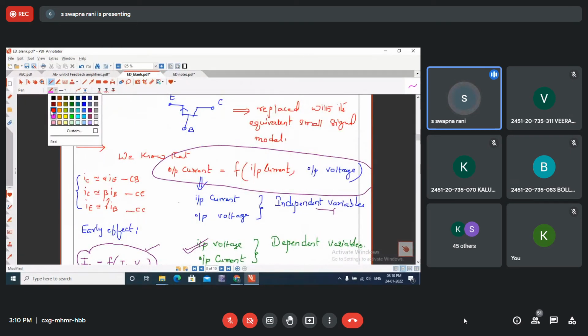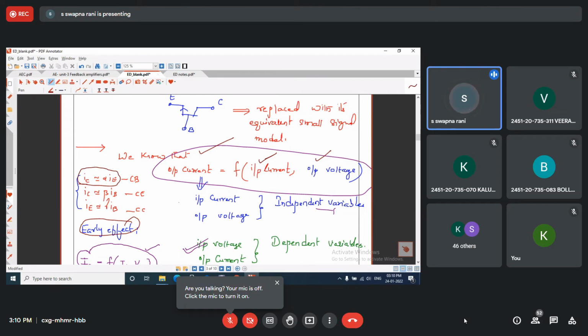How to remember those equations? First, recollect the transistor operation: output current depends on the input current, and it also depends on the output voltage. We have seen this in the early effect, how output current changes with output voltage.